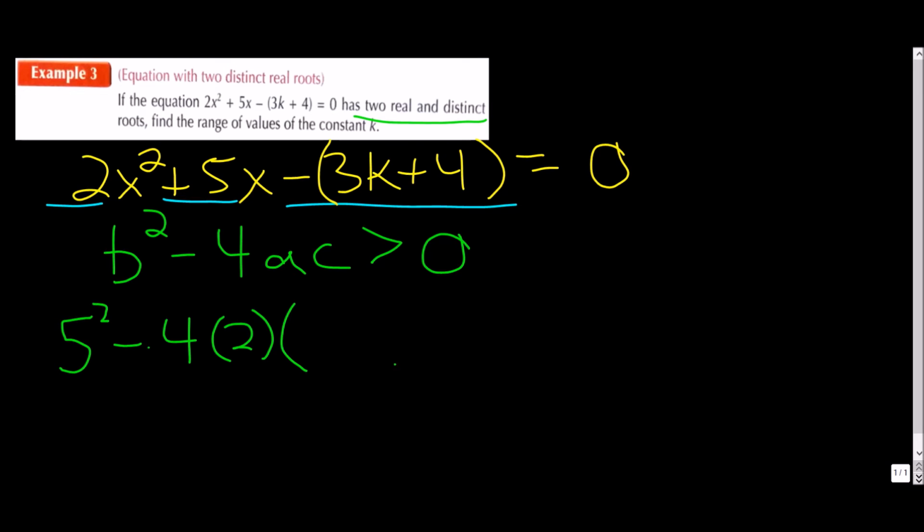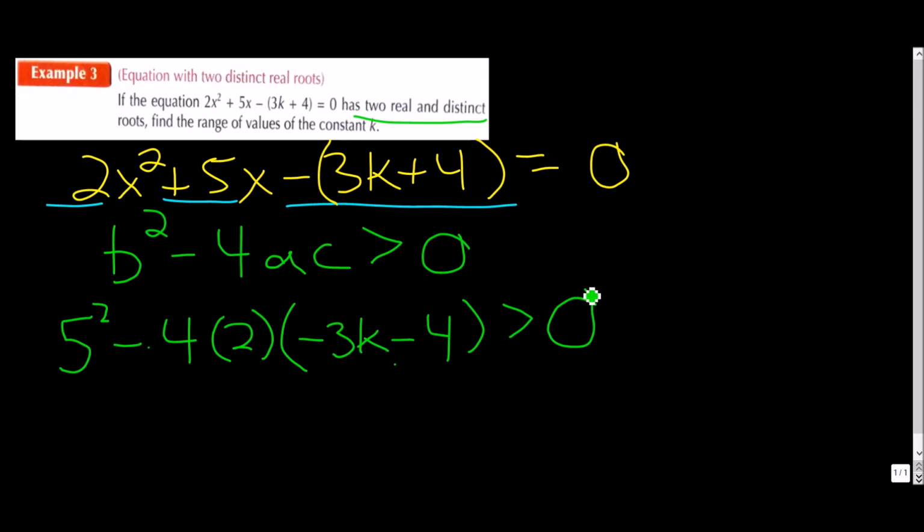I'm going to call this negative 3k minus 4. This makes things easier in a minute, so I don't have to do a couple of different things. And we know that that is going to be greater than 0.